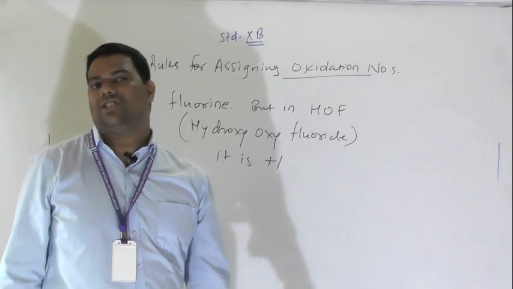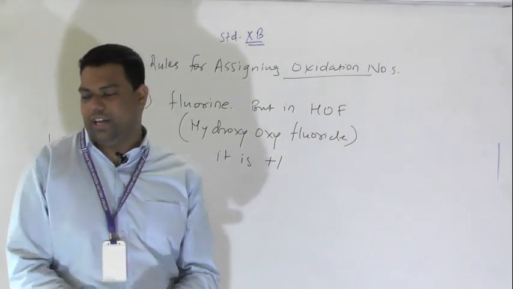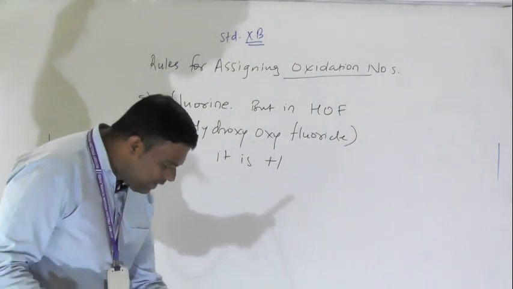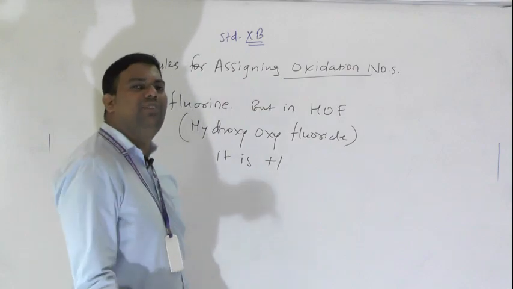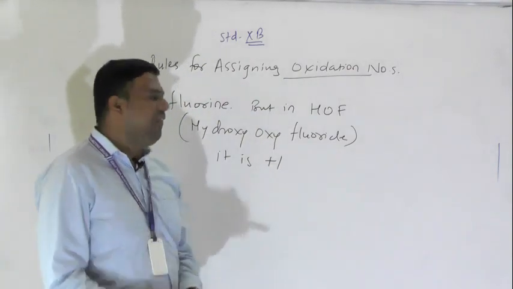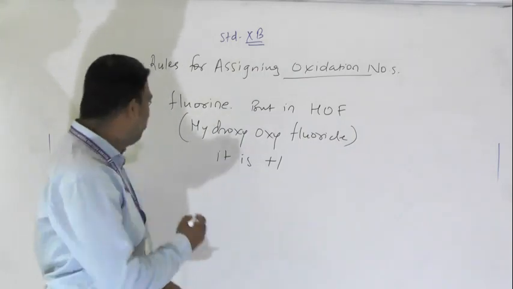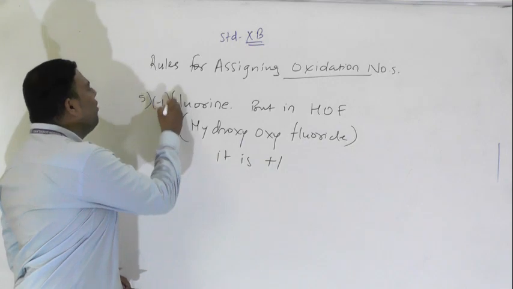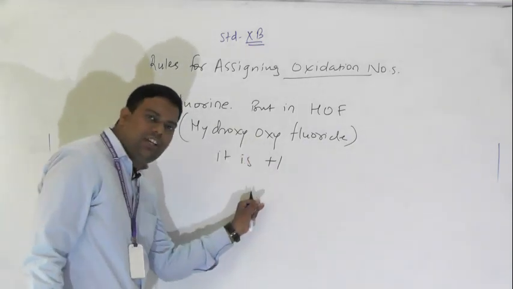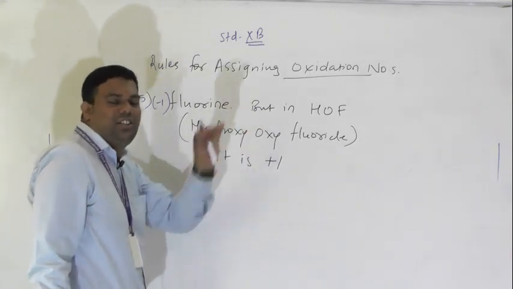And some interhalogen compounds are also there. In those, the oxidation number of the particular halogen may differ. In most compounds you will get -1 only, but here is one exceptional case, HOF, which exists at -40 degrees Celsius.